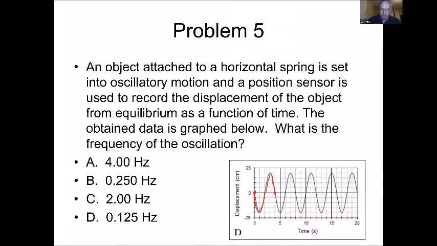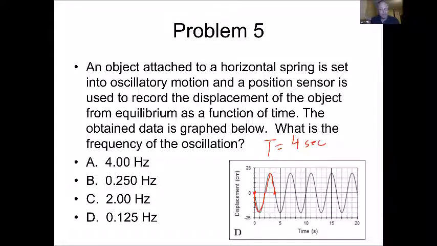And at that point, notice that it starts to repeat what happened over to the left. So that red part is one complete cycle. So let's see how long that took. Well, if you count on our axis, it looks like that one cycle took 4 seconds. The time for one cycle is the period. So the period is 4 seconds.